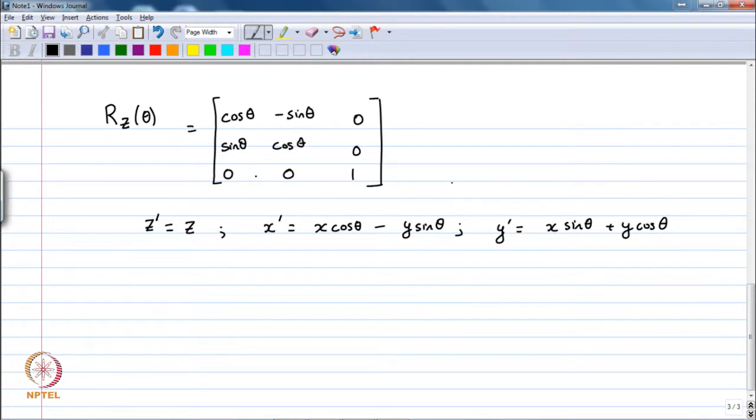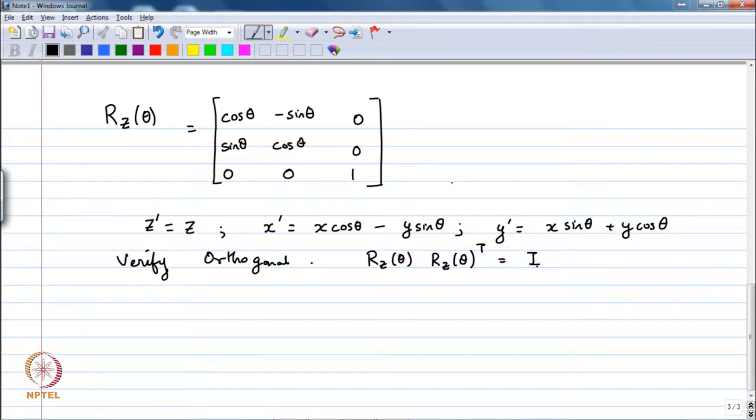So, this corresponds to rotation around z by theta, and you can clearly verify that this is orthogonal, very easy to see. So, verify orthogonal. That is, r z of theta transpose times r z of theta is nothing but the identity.